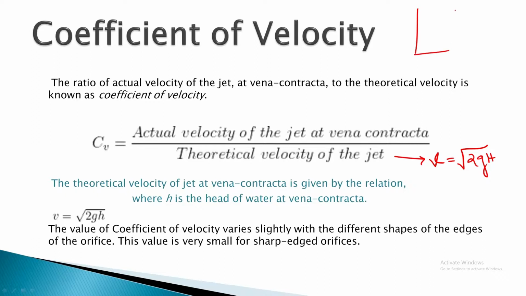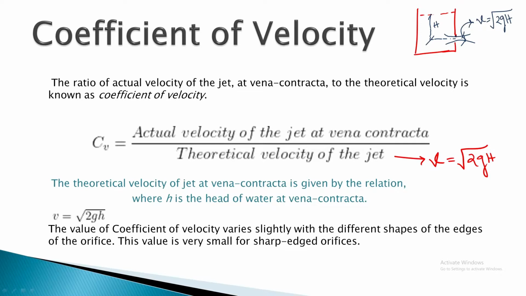If this is the orifice and this is the water level, then the head h will be measured over here. At the vena contracta, the theoretical velocity that we get is root over 2gh.